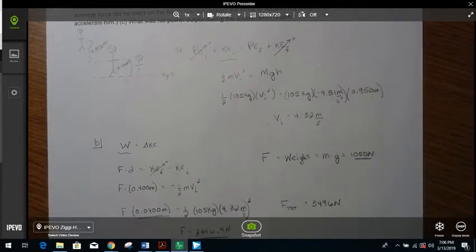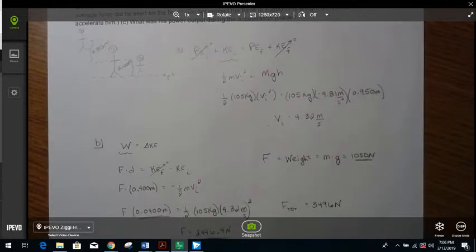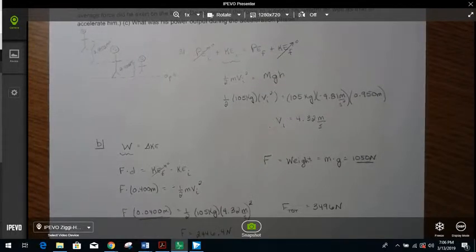Part C asks, what was his power output during the acceleration phase? In order to find power, we have to know the work done and the rate at which that work was done. So we have to use a little bit of kinematics and Newton's second law here. Net force equals mass times acceleration.